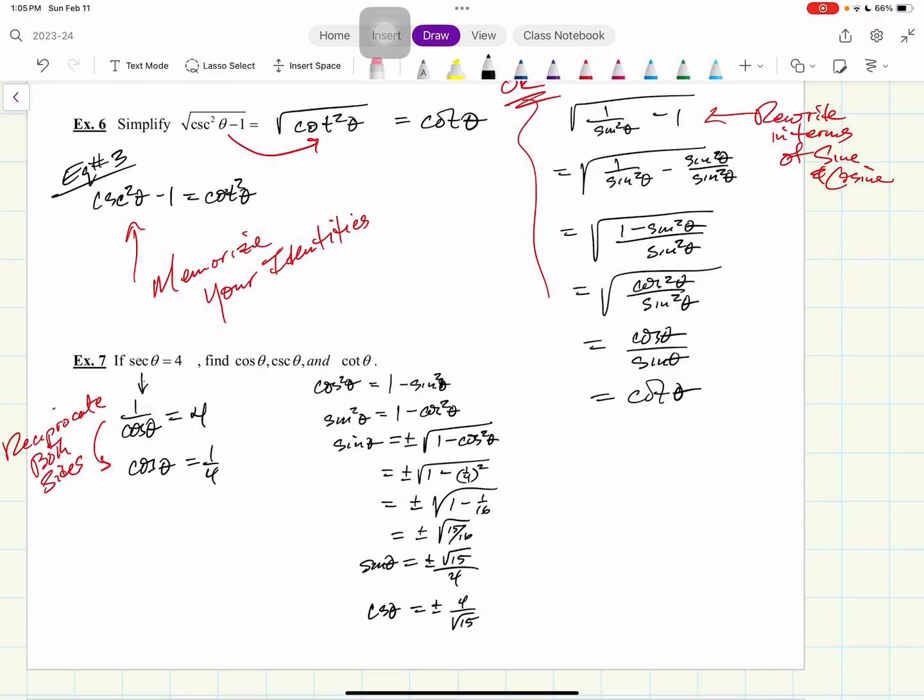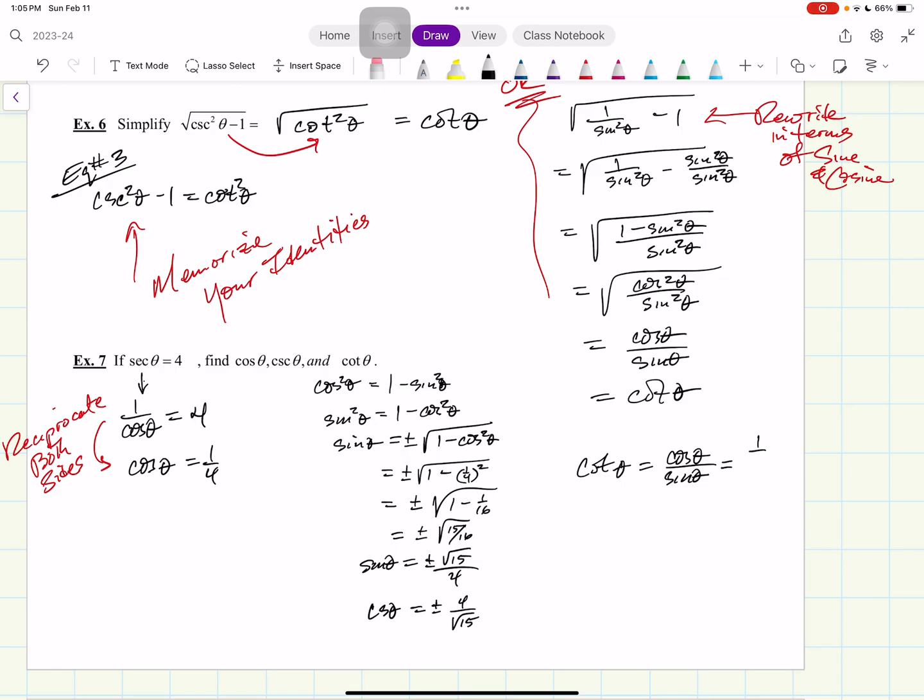And then cotangent, well, that's just cosine over sine, right? So what's the easiest way to do this? I know sine, I know cosine. Cotangent theta is cosine theta divided by sine theta.